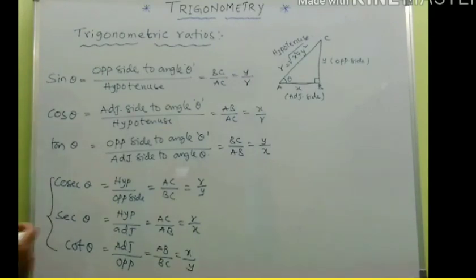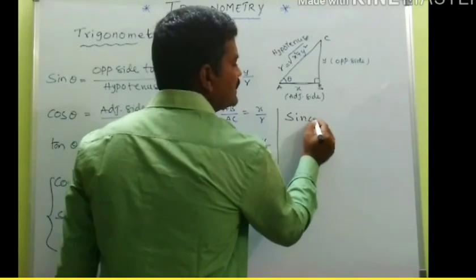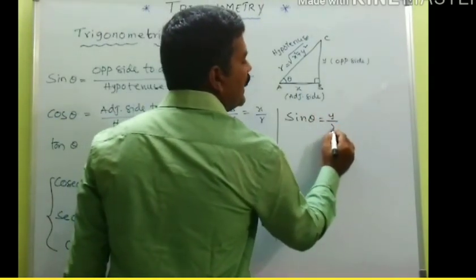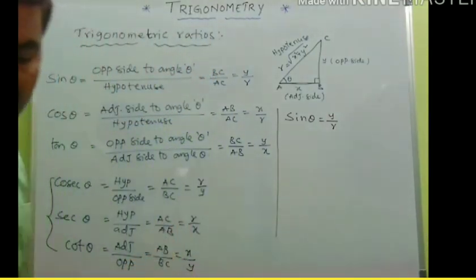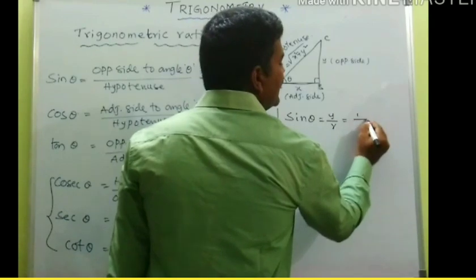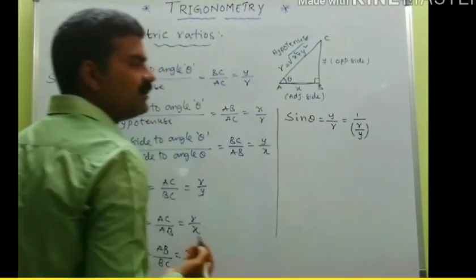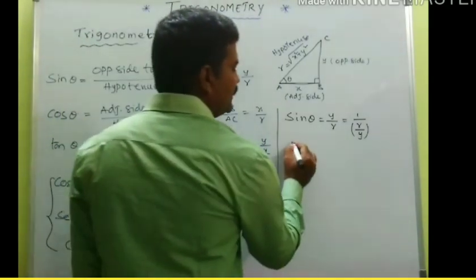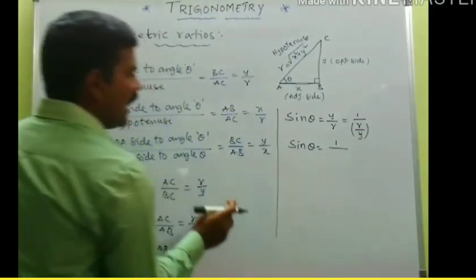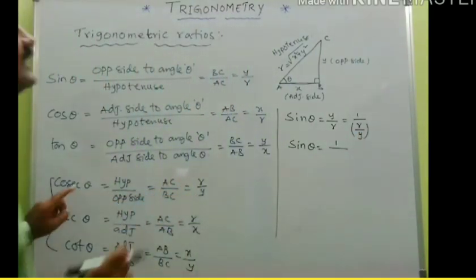You see here, sin theta is equal to y by r. Now this y by r, can I write as 1 by r by y? We can write it. Therefore sin theta is equal to 1 by r by y, and r by y is nothing but cosecant theta.